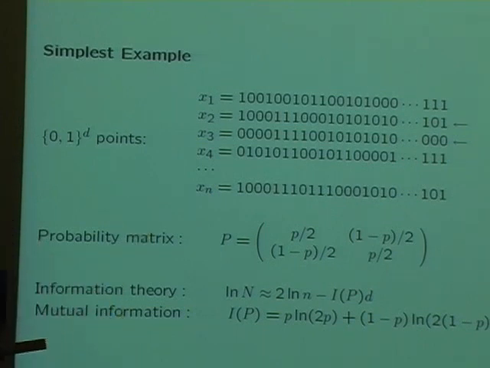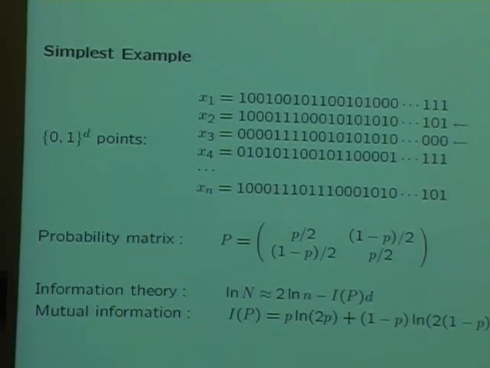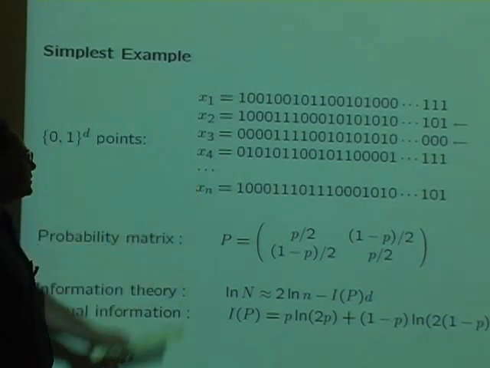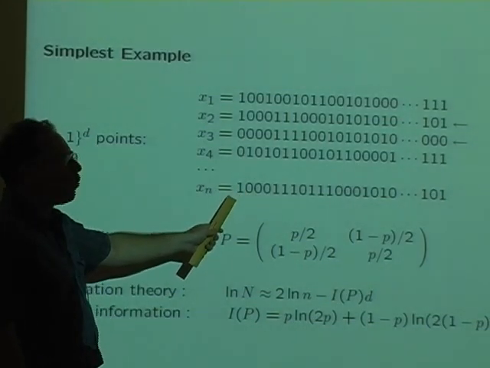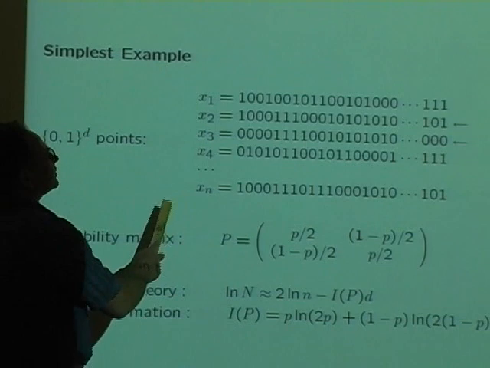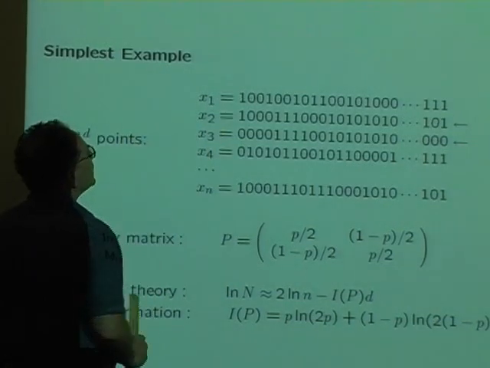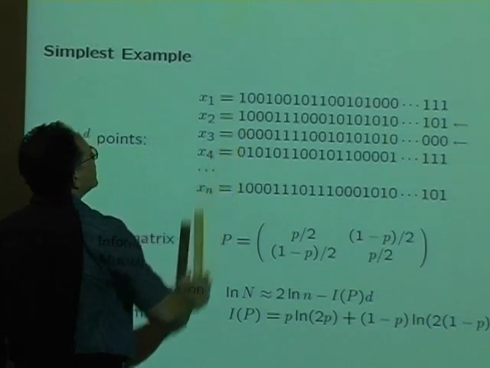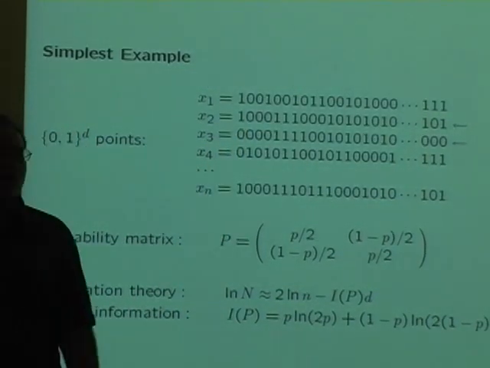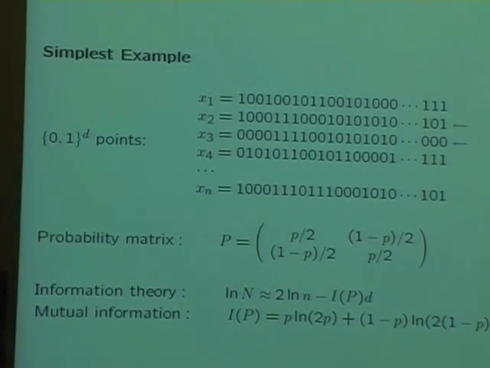Now, here I can define a very particular model problem by saying that, all right, I have n sequences of bits. The bits are random with probability half 0, half 1. And there is one special pair such that the probability that bits are similar is not a half, but p, where p is greater than half.